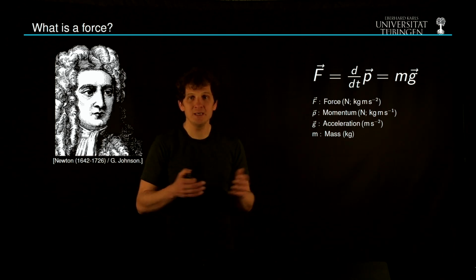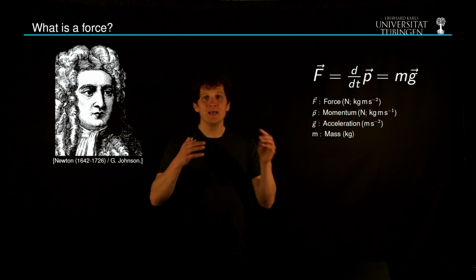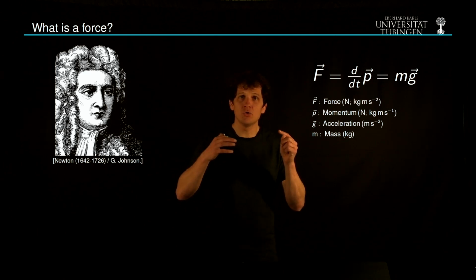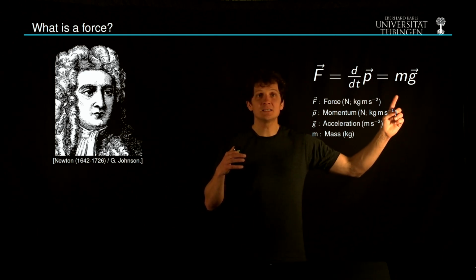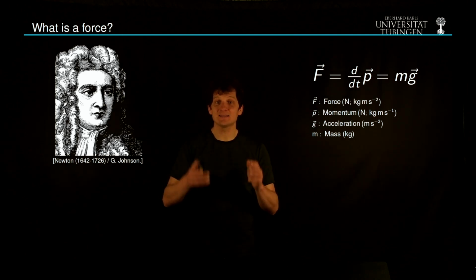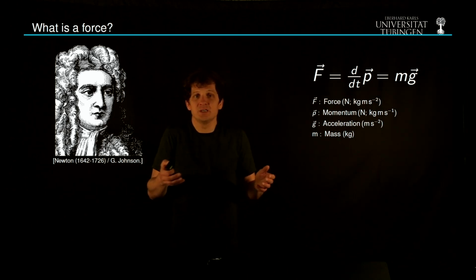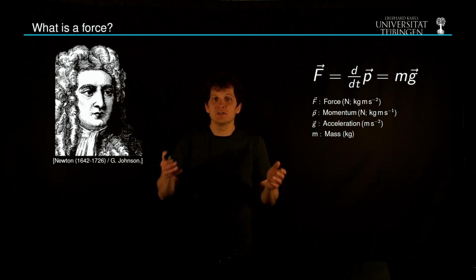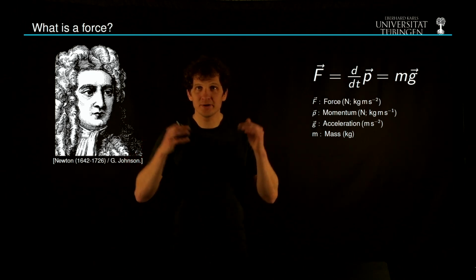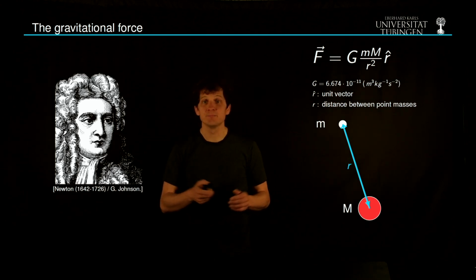The momentum p is the product of the object's mass and its velocity, and here we consider the mass to be constant, so the momentum change is equivalent to the product of mass times the acceleration g. So in that sense, the force is essentially proportional to acceleration, and this definition is true for all forces, but of particular interest here is obviously the gravitational force.